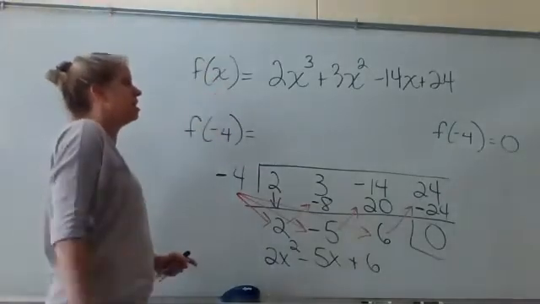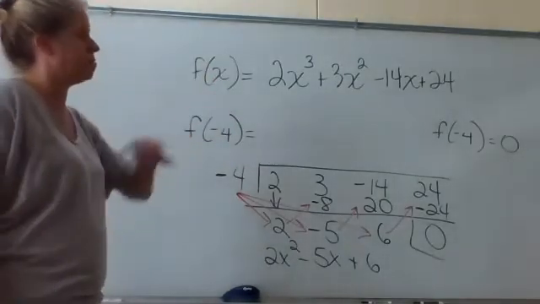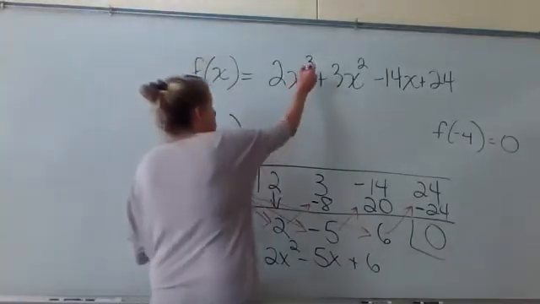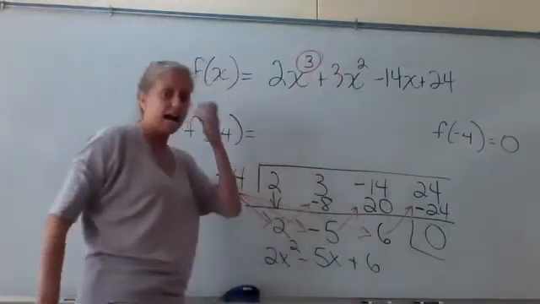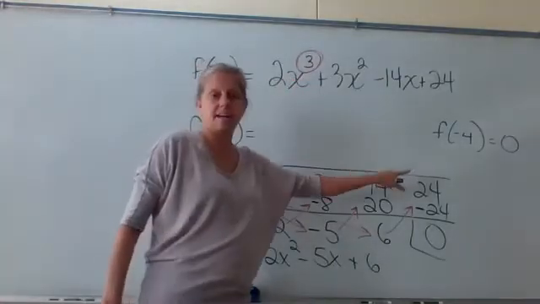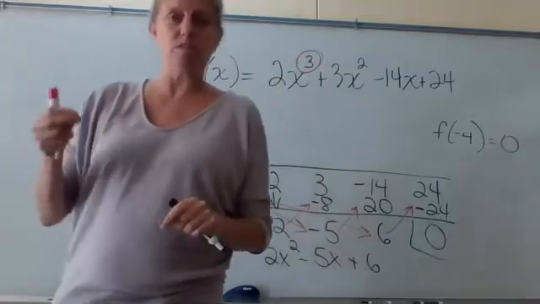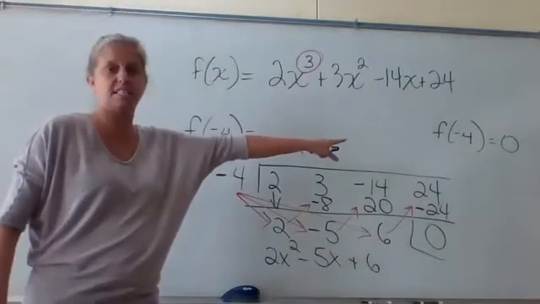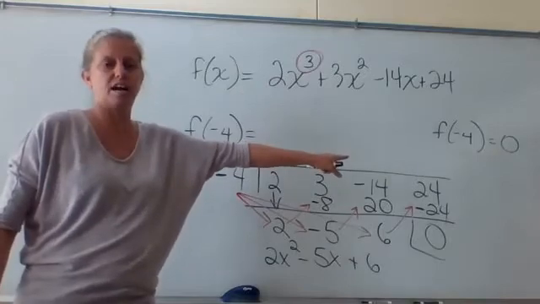And remember in 8.1, when we were talking about the maximum number of x-intercepts, we always said the maximum number is whatever that highest exponent was. That doesn't mean there are 3 x-intercepts. That means at most there are 3 x-intercepts. This one actually only has this one x-intercept.